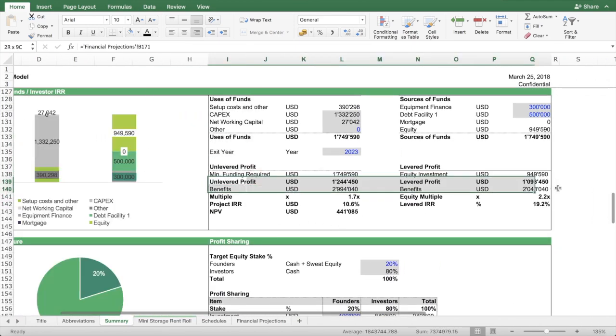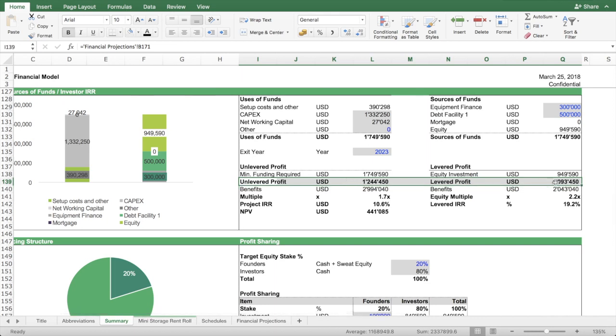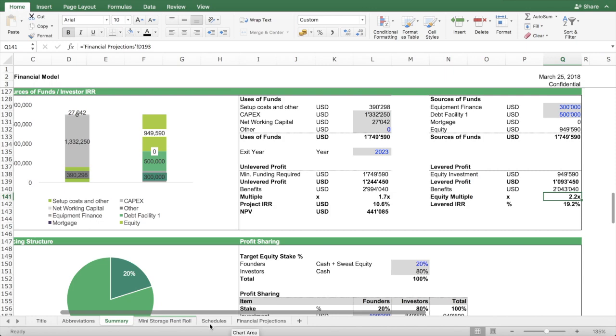If you lever it, you lose a bit of profit, but you only need to finance the part by the equity, and in relation to that you get a higher multiple on your equity investment.